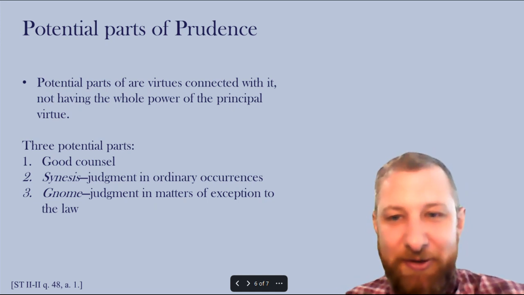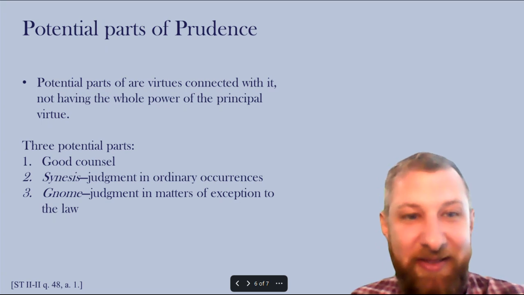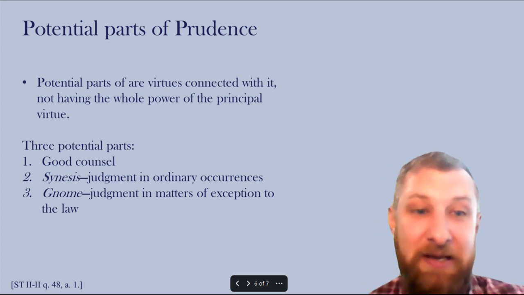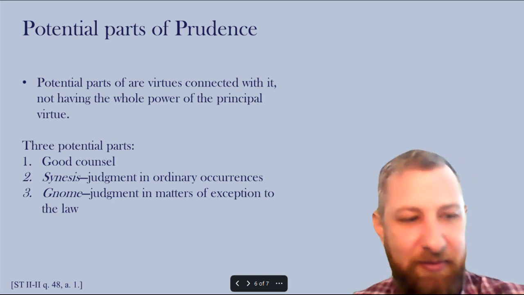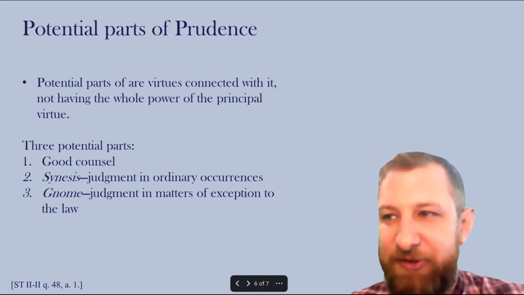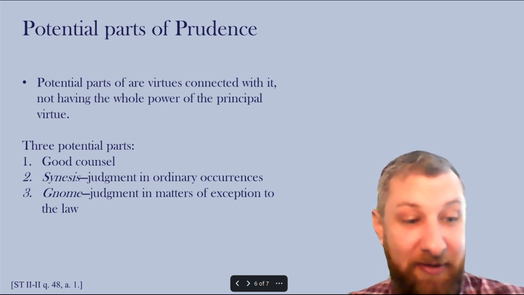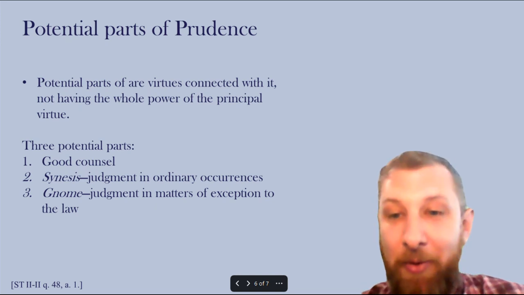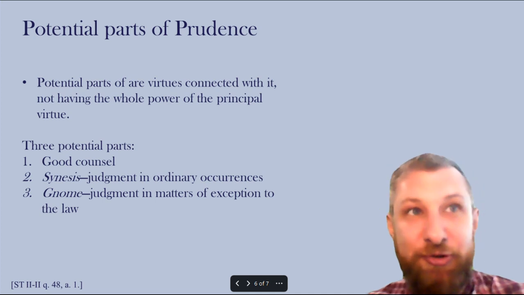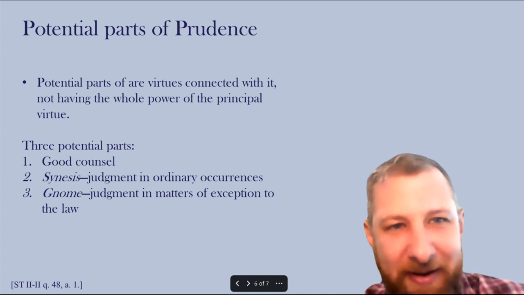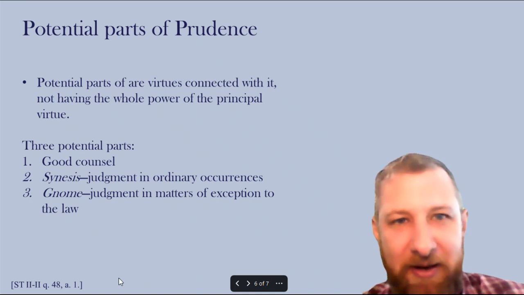So to keep justice from becoming injustice, you need things like gnome, you need exceptions to the rule so that justice is truly just. This is also true of epikeia, which we study in the topic of justice, which is equity. Right? It's not everything being treated perfectly as equal, but in the way which best brings out justice. We're going to get into this more, but these are potential parts of prudence.